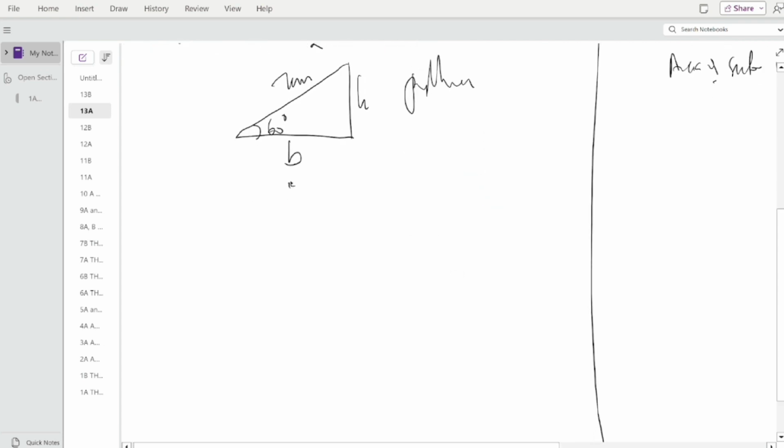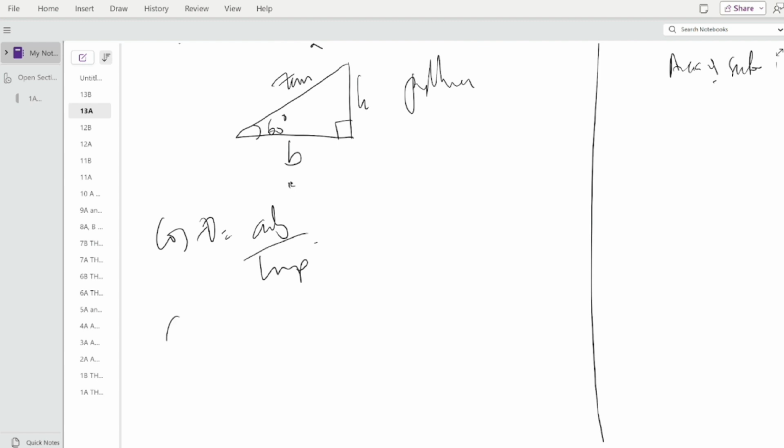Since it's a right angle triangle, we have this as 7 centimeters, and this is our opposite. The line facing the angle you're given is the opposite, and the last one is the adjacent. The one facing the right angle is the hypotenuse. We are looking for our base, which is B, and the formula says cos theta equals adjacent over hypotenuse. Cos 60 degrees equals, our adjacent is B, our hypotenuse is 7.